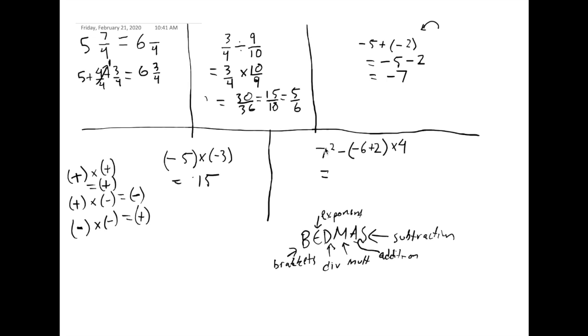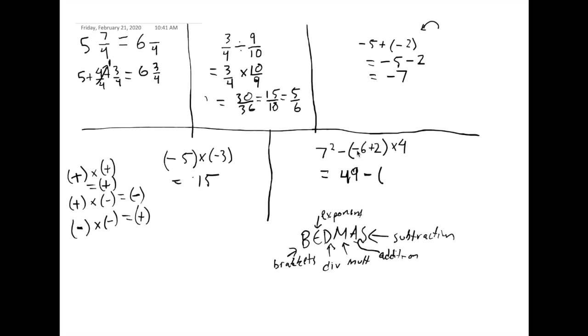So as we know, here's an exponent, 7 to the power of 2. Here's a bracket as well. And here's our multiplication. And obviously we're going to do the addition and subtraction last. So 7 squared, 7 times 7 is equal to 49. Minus, perform this bracket here.